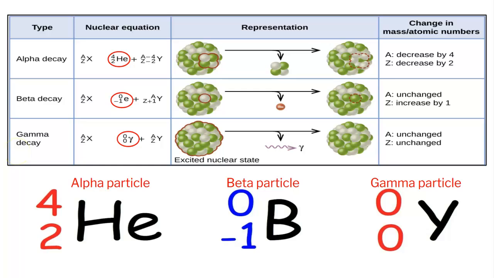In an alpha decay, the change in atomic mass is a decrease of 4, atomic number decreases by 2. In a beta decay, the mass is unchanged, but the atomic number is increased by 1. And in a gamma decay, the mass and the atomic number are both left unchanged.